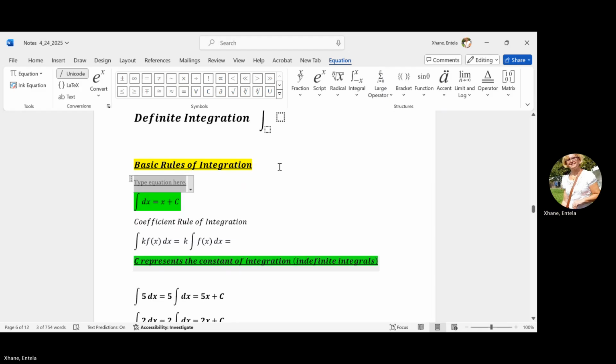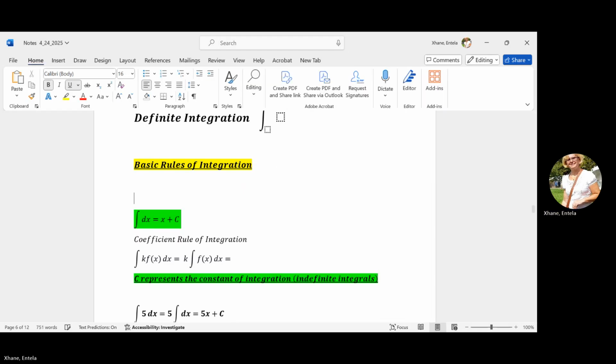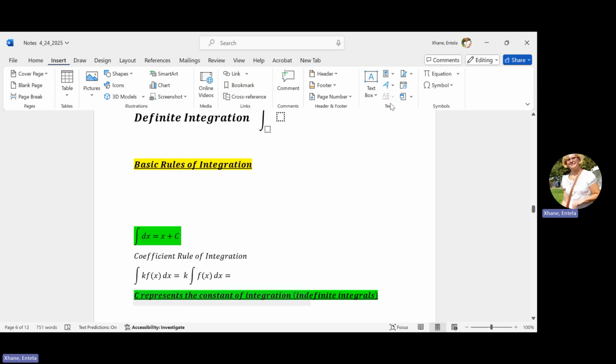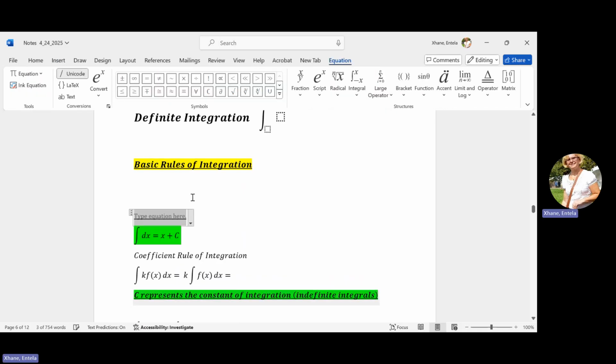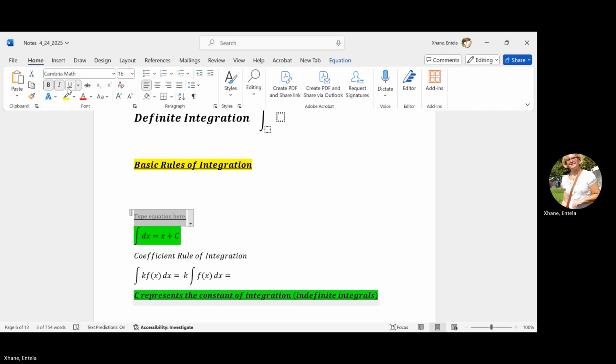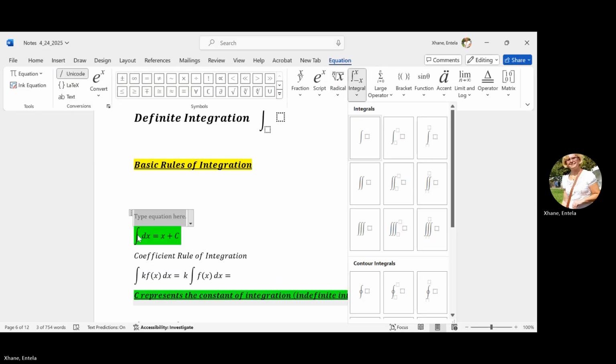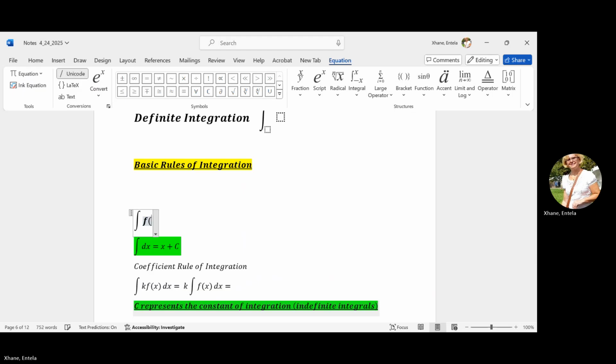So if I'm integrating a function f of x dx, and this is an indefinite case, no boundaries, the antiderivative we write as uppercase F of x plus the constant c.